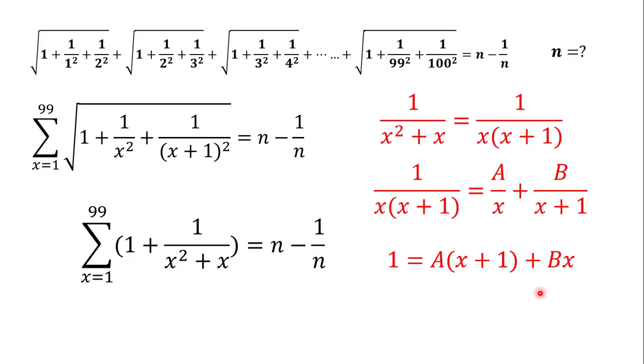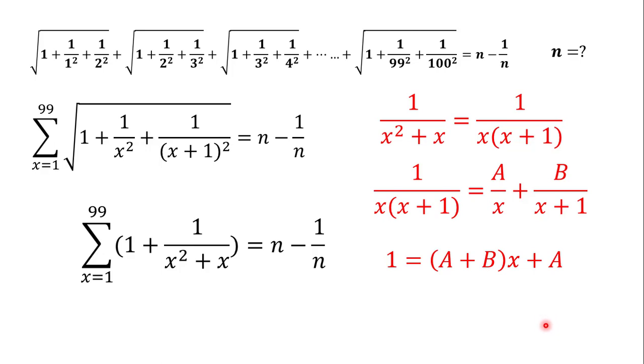Then I can take out x and I get 1 equals a plus b times x plus a. Now we can evaluate the coefficient of x and the constants.